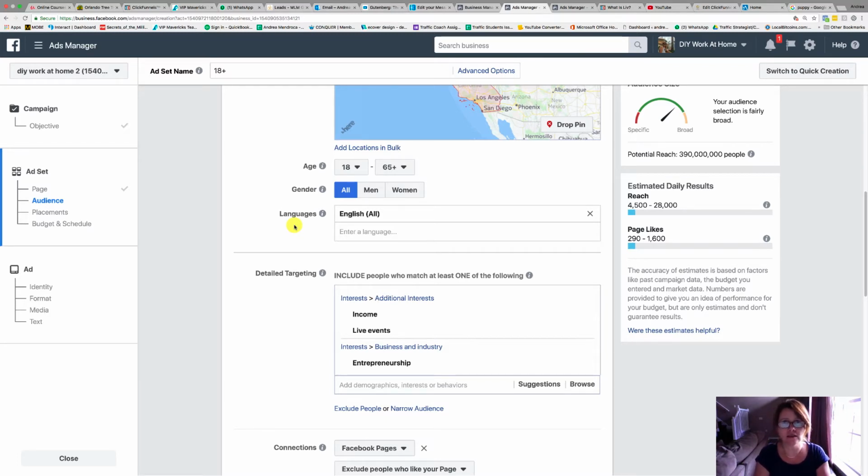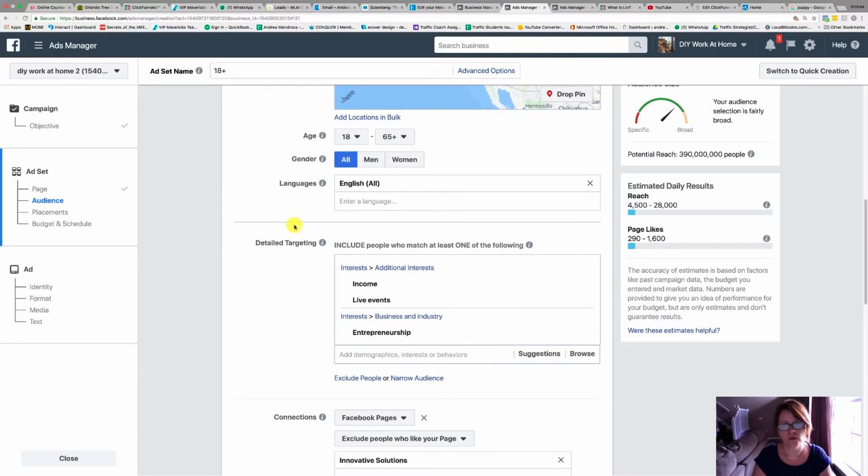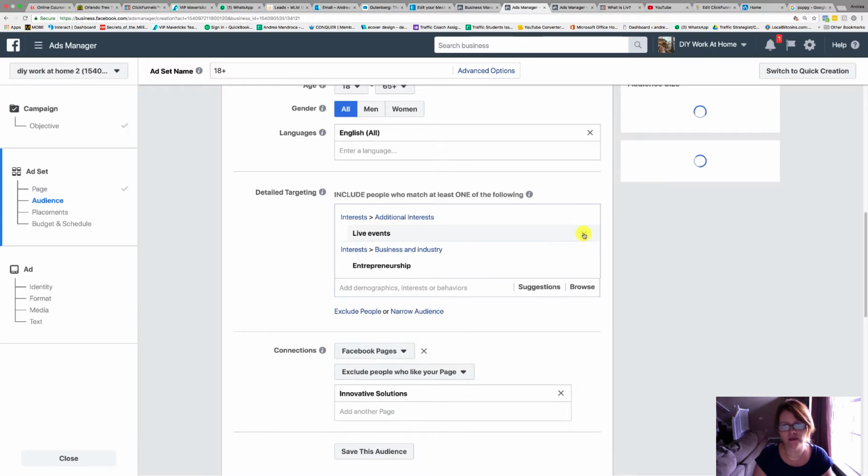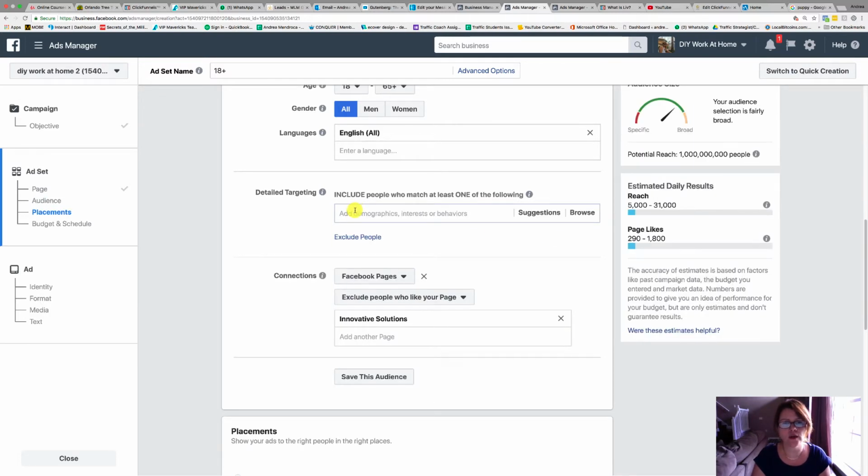You can target just that country and just that language. But I cannot guarantee that you're gonna get likes at the low cost that I am teaching you here. Okay, so this is for numbers only. And over here, I'm gonna exclude all these interests because this is from a campaign I was running before.